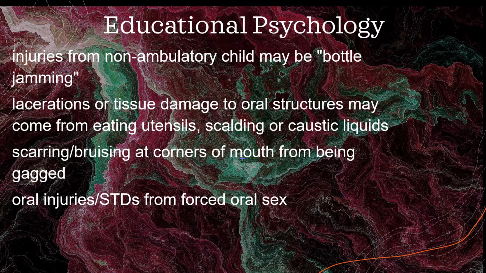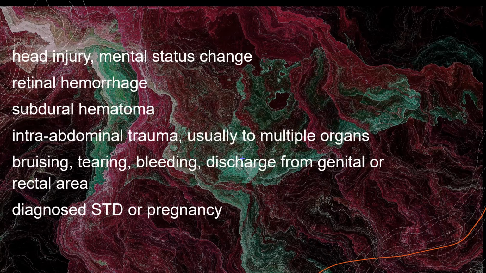Injuries from a non-ambulatory child may be bottle jamming. Lacerations or tissue damage to oral structures may come from eating utensils, scalding or caustic liquids, scarring or bruising at corners of mouth from being gagged, oral injuries or STDs from forced oral sex.